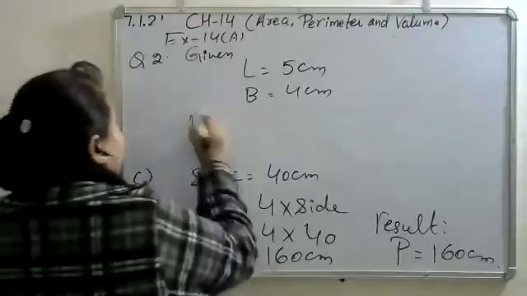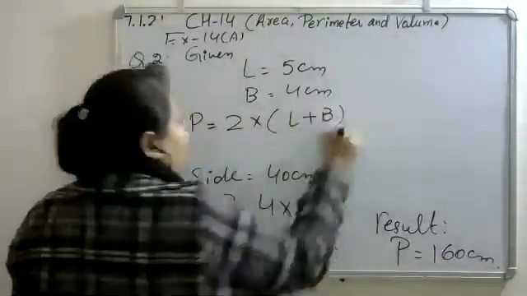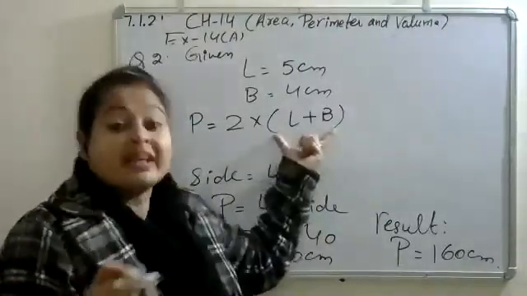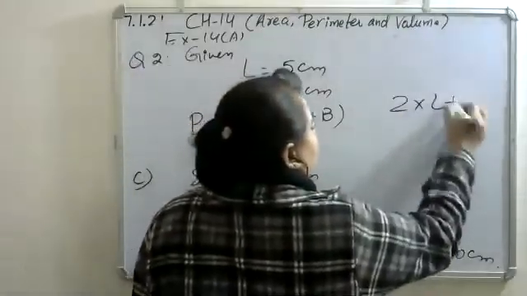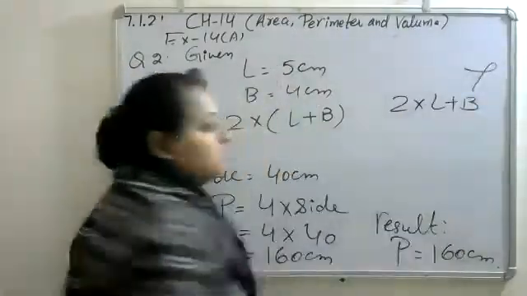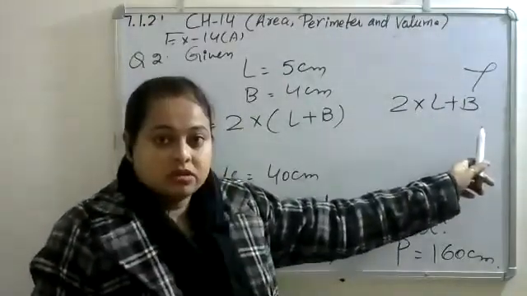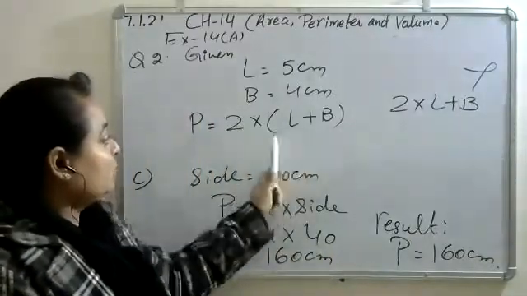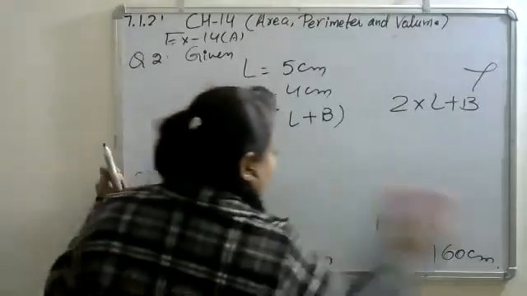So, perimeter is 2 multiplied by (L plus B). Very much compulsory to write this bracket. If you write it without the bracket, this is wrong.